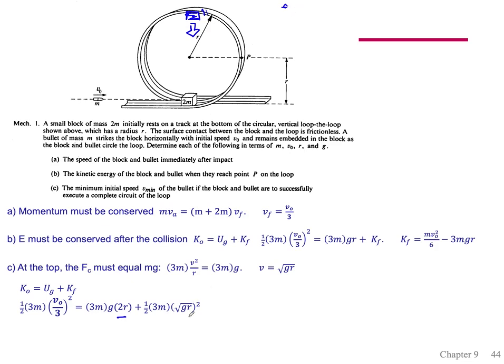That's its height, plus 1/2 times mass times the velocity we need to have at the top, which is, remember, this number right here. And if you solve that, you should discover that the velocity that the bullet needs to have at the beginning, that is right here, needs to be 3 times the square root of 5gr. I realize it's an ugly answer, but that's what it is.